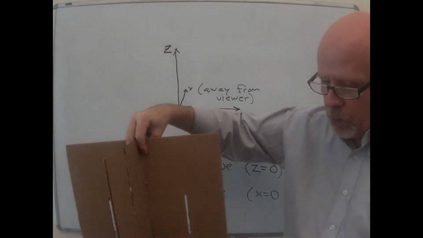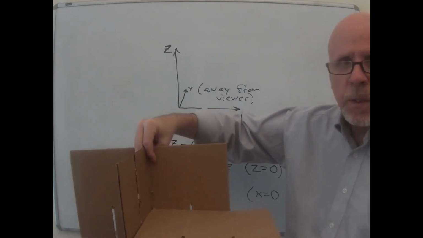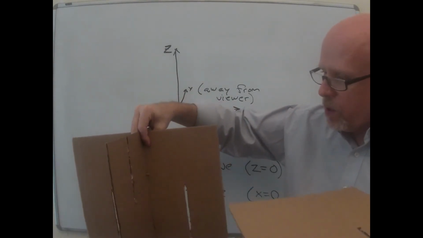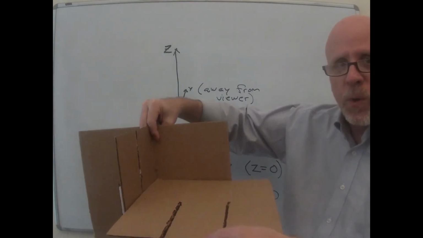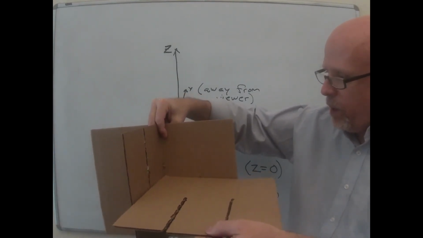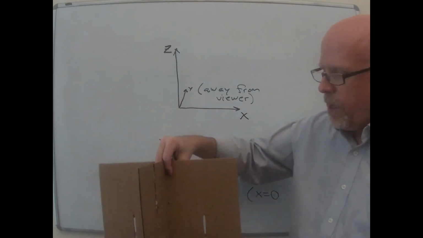And the only thing extra we need is another plane that goes like that. I tried duct taping it like so, but I couldn't make it happen. It just kept falling apart. But I think you can visually imagine it. Just if I could push this cardboard right through the other pair of things, we'd get an object that shows all three of the coordinate planes.